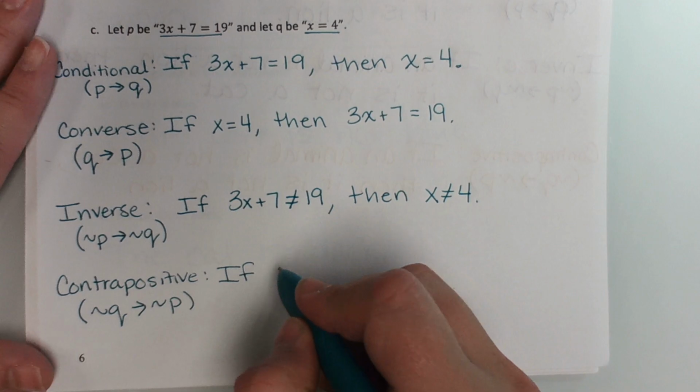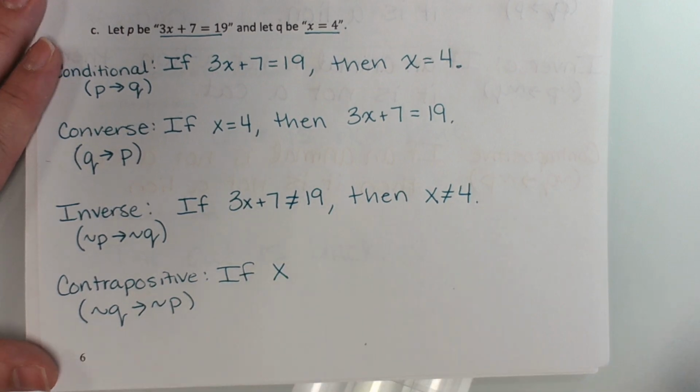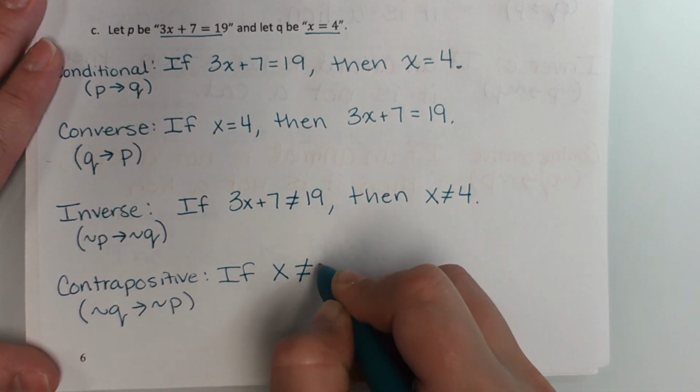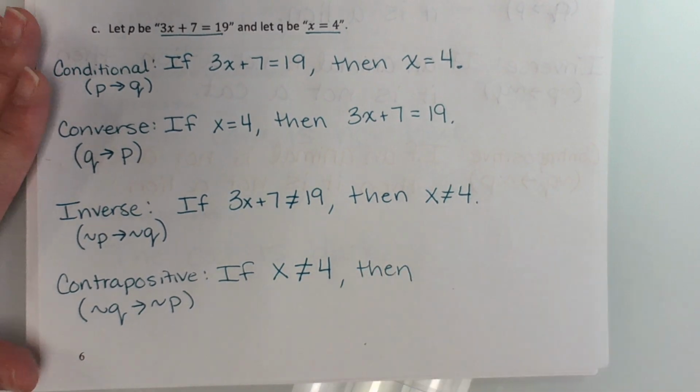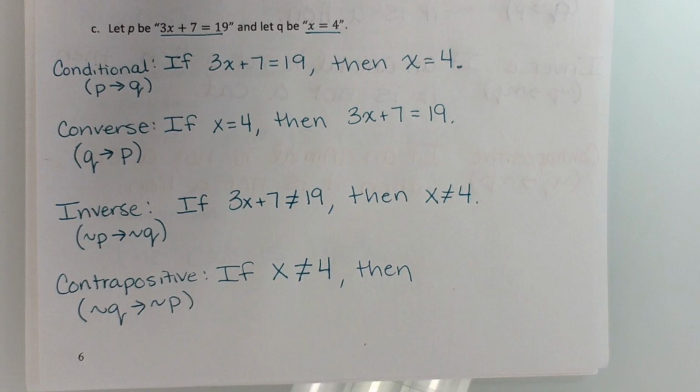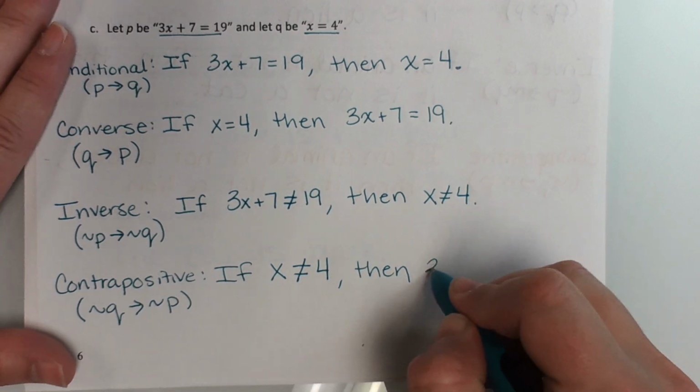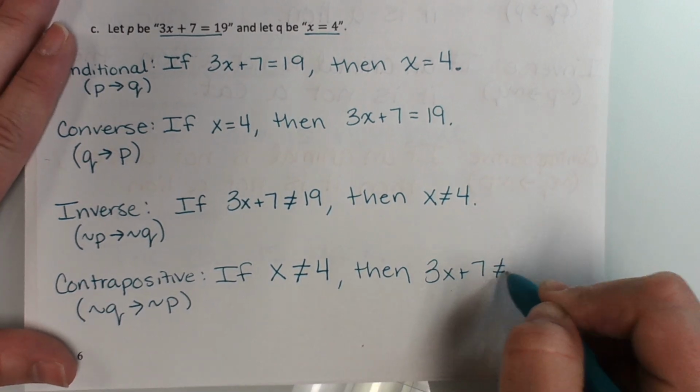If x isn't equal to 4, so cross out the equals. Yeah, if x not equal to 4. Then, Louis, how do I finish the sentence? Then 3x plus 7 is not equal to 19. Beautiful.